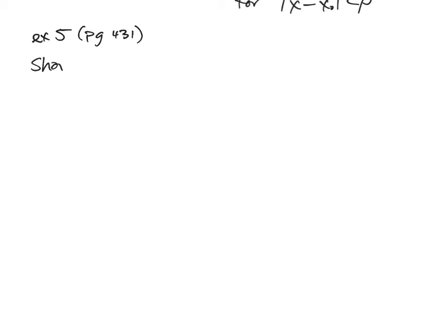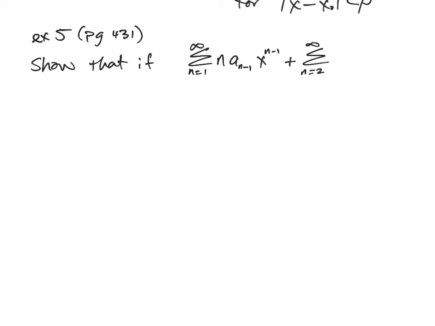And we want to show that if this identity holds, so we have two power series, and they are both equal to 0, or their sum is equal to 0.